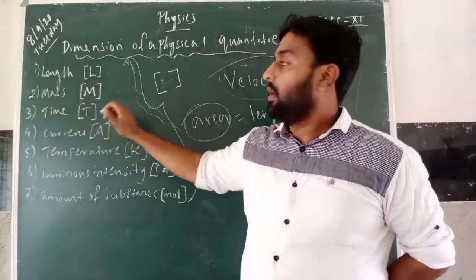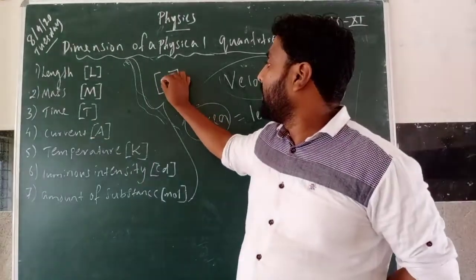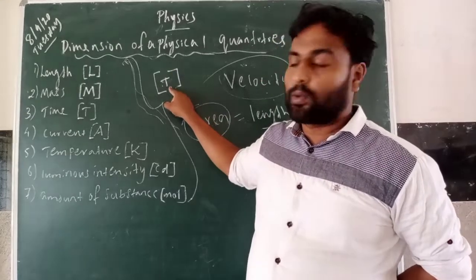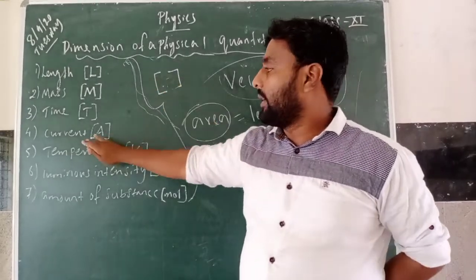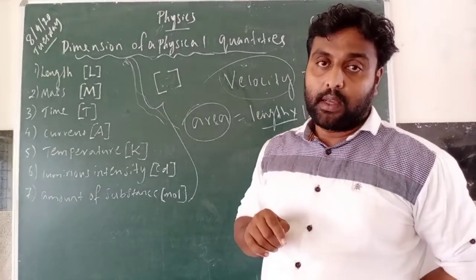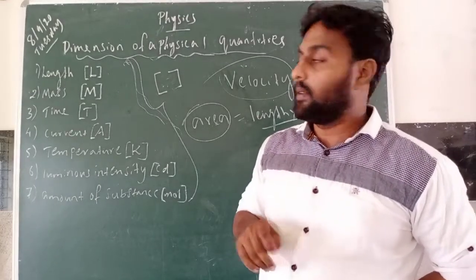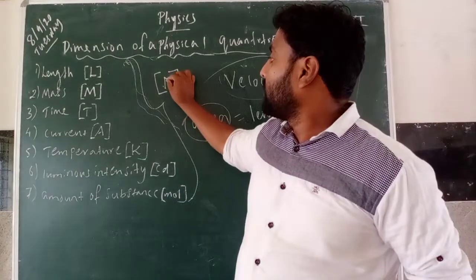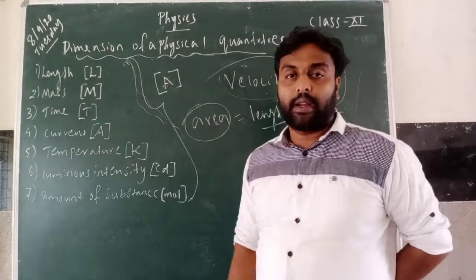Then time, T inside a square bracket. Then current, the SI unit of current is ampere, so you can use A inside a square bracket.